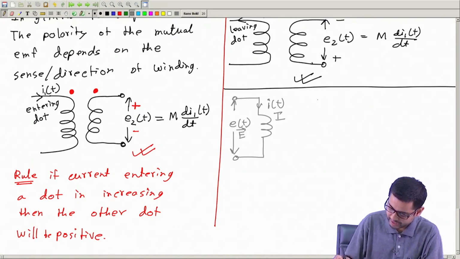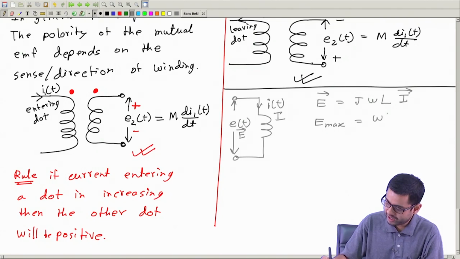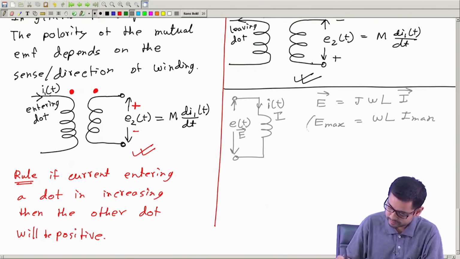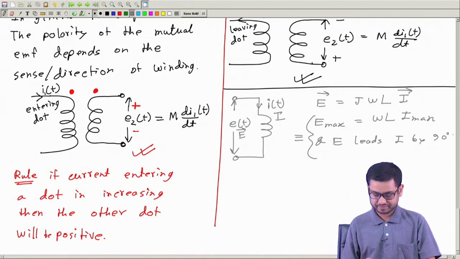Then we know that E is equal to j omega L times I. This represents both the facts that E max is equal to omega L I max, and E leads I by 90 degrees. So that's the phasor information.